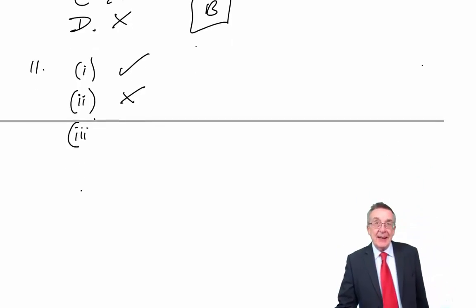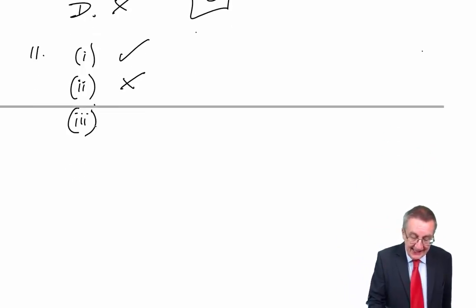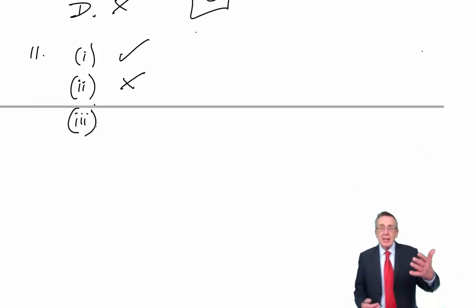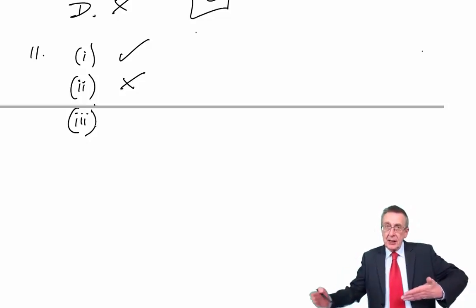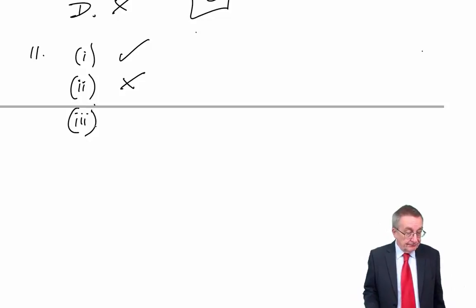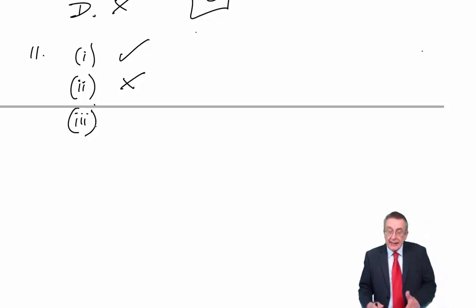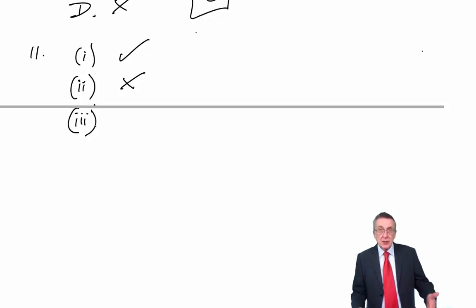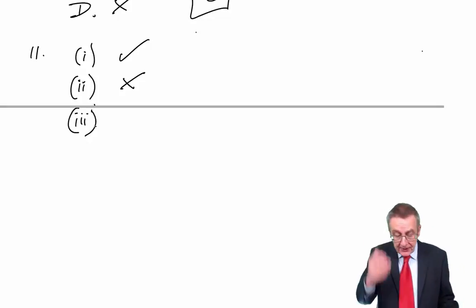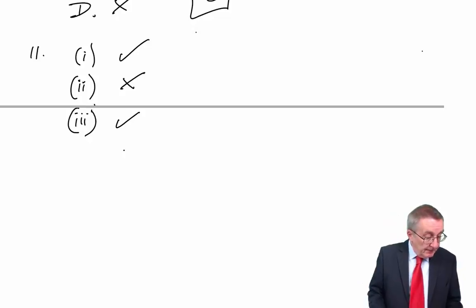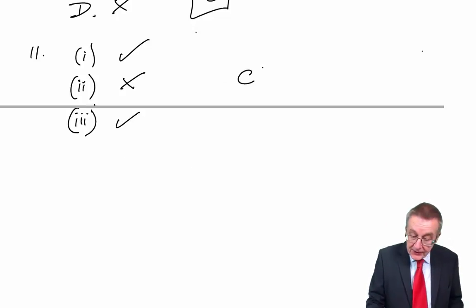I mean, a tiny bit unfair. But if the employee fills in a timesheet and that can then be directly entered, it can be scanned. Direct data entry, as opposed to somebody in the middle having to type it in and it be processed that way. So 1 and 3, which is C.